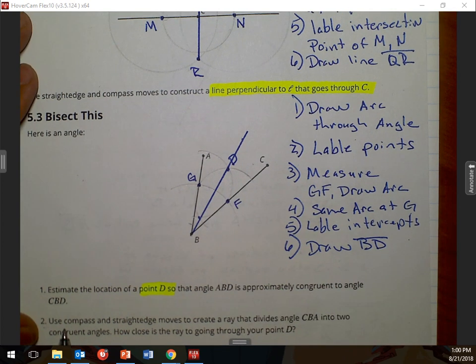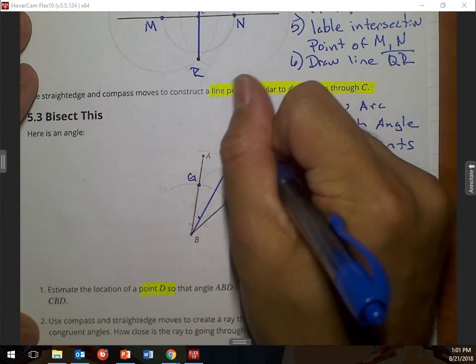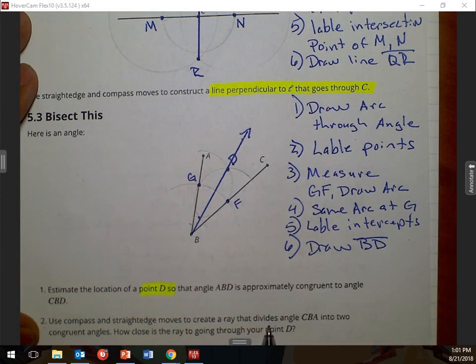Now it says right here, create a ray. So my ray is BD. This is ray BD.